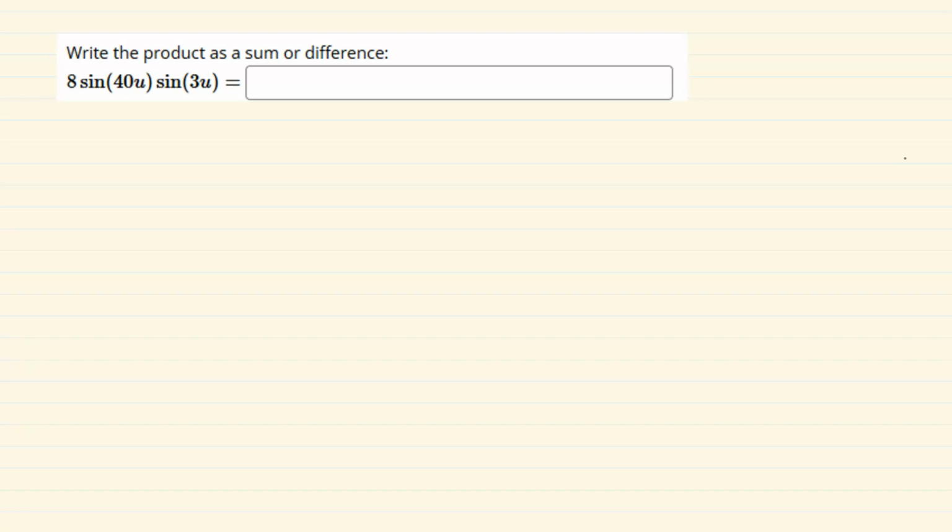So we have sine of A times sine of B equals 1/2, in parentheses, cosine of A minus B. Let me write that a little better.